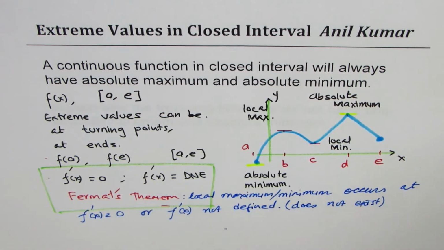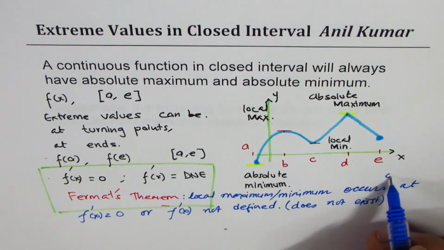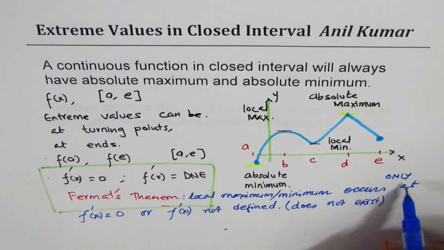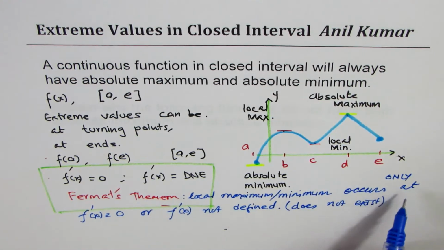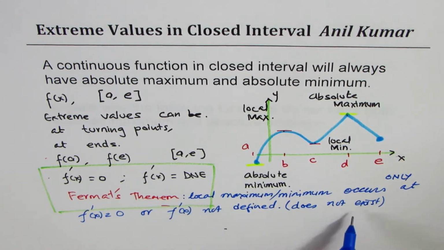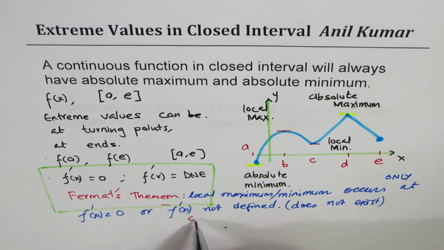So local maximum minimum can occur only at a point where f dash x equals 0 or f dash x does not exist. And we call these points critical numbers, right?